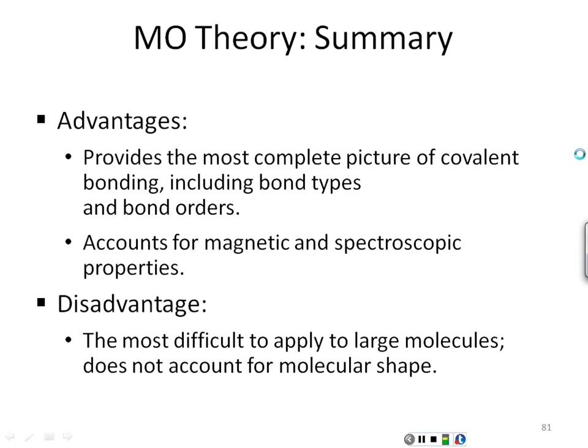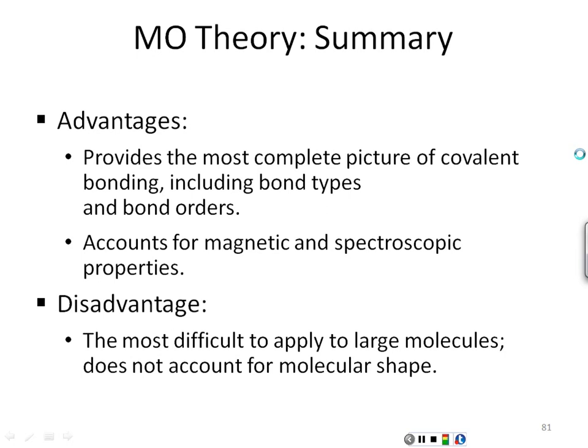In summary, what are some advantages of molecular orbital theory? One, it provides the most complete picture of covalent bonding, including bond types and bond orders. And it accounts for magnetic and spectroscopic properties. A disadvantage of molecular orbital theory is that it's the most difficult to apply.